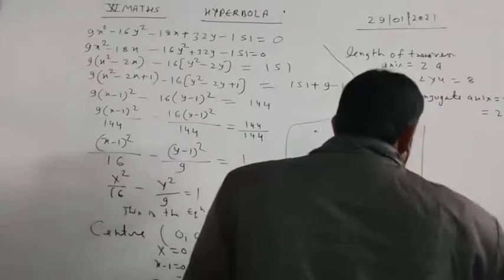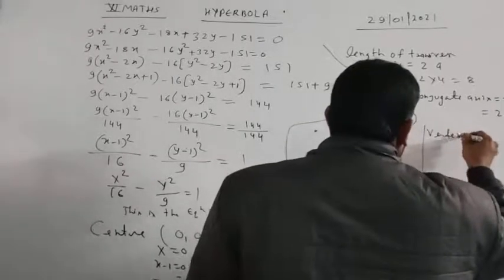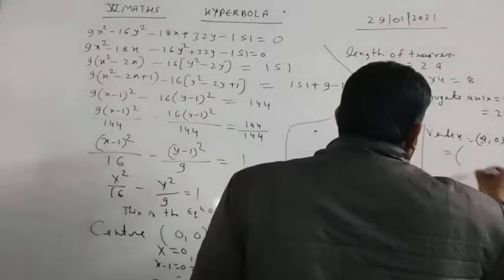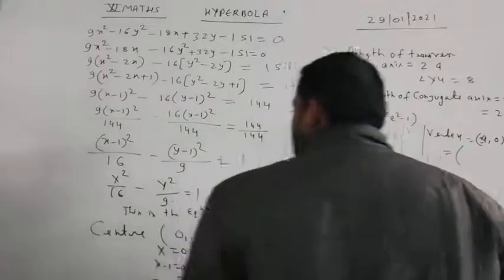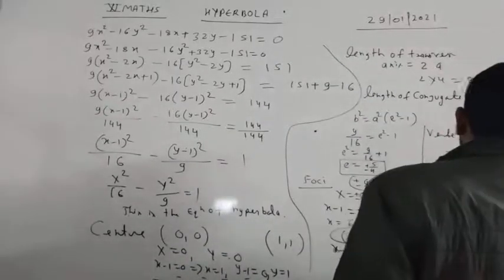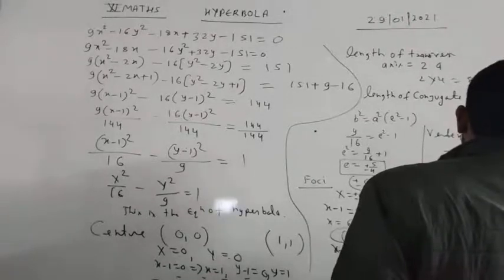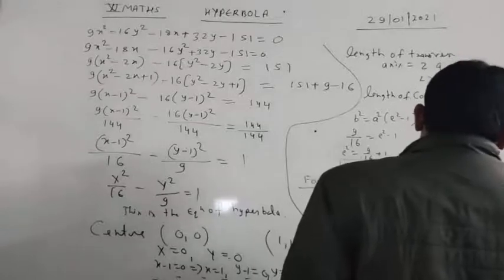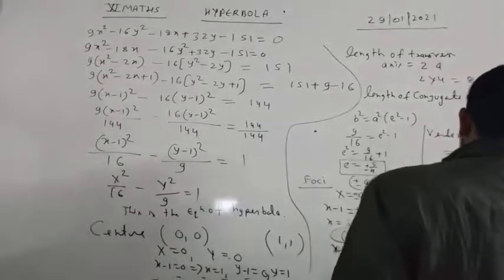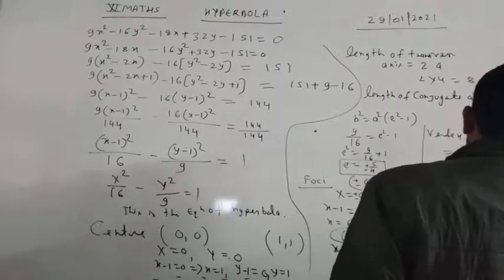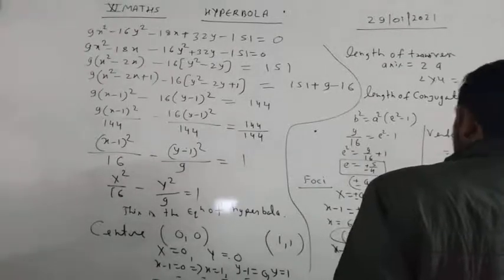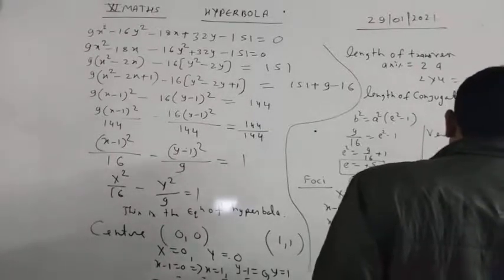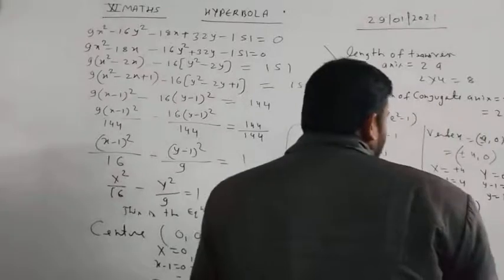Okay students, and our vertices will be (plus or minus a, 0). So plus a, which is 4, and 0. So our x minus 1 is 4, so x is 5, and y minus 1 is 0, so y is 1. So (5, 1) is our vertex.